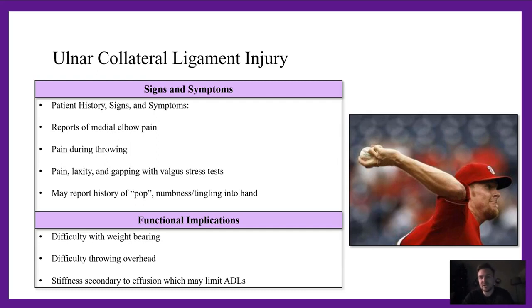This picture on the right is a guy named Steven Strasburg. He's a pitcher for the Washington Nationals. He is very well known because he was a number one overall pick coming out of college, and he pretty much immediately in the major league sustained a UCL injury, had to get Tommy John surgery, and then later on got a revision surgery.